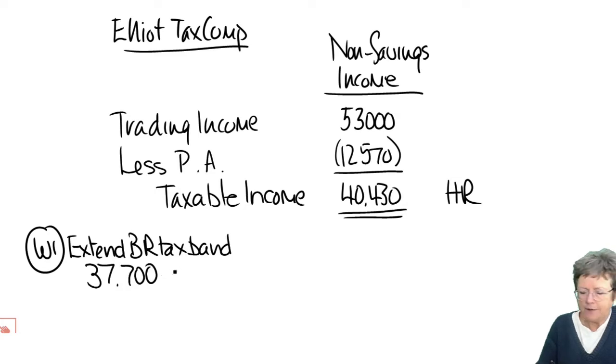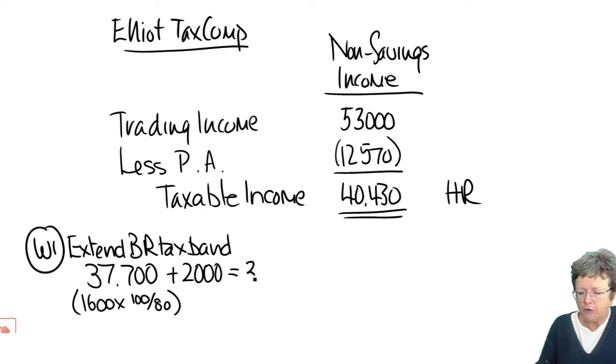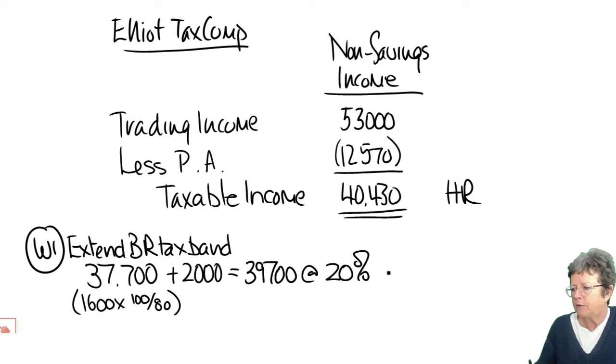And we're going to add in that 2,000 that we worked out before, which is 1,600 times 100 over 80, just as a reminder, which means that the first £39,700 he now pays tax on at 20%, which is 7,940.